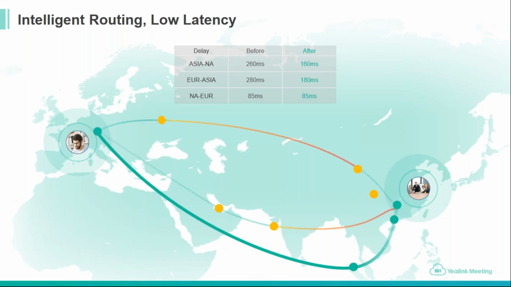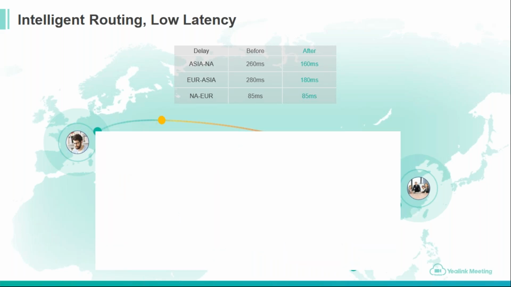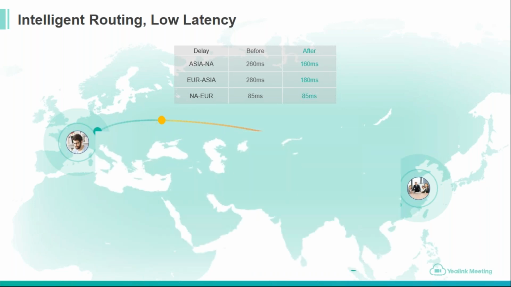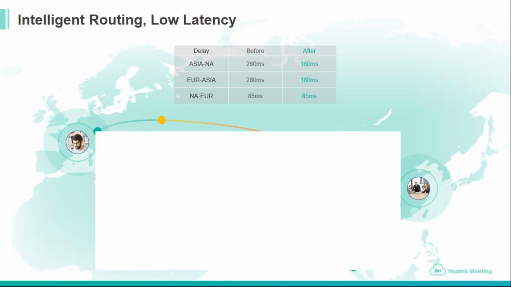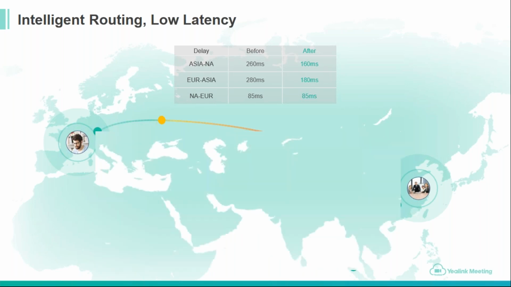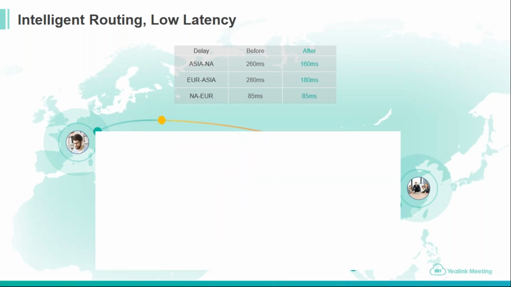Yealink intelligent routing will detect the traffic between 2 locations and find the best route to set up the connections of the meeting. For example, when you place a video call from Europe to Asia, intelligent routing will find multiple routes in milliseconds and set up connections.